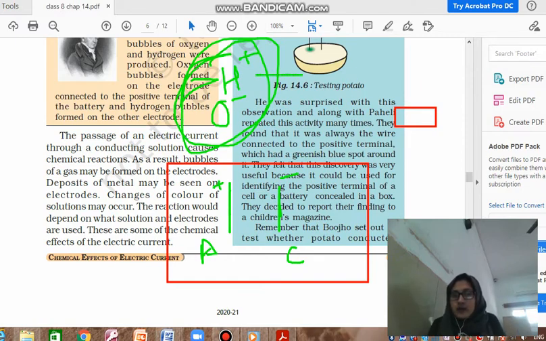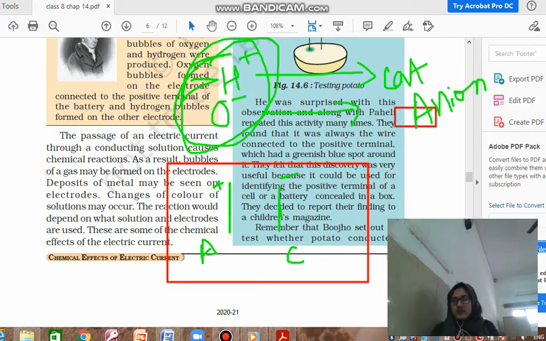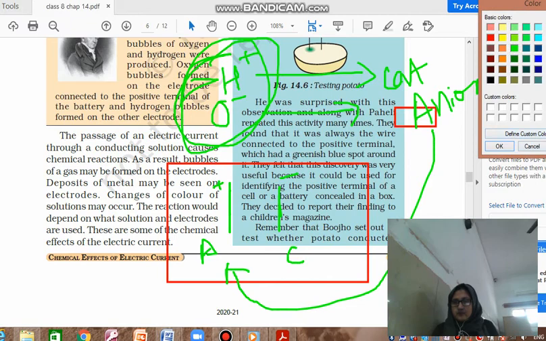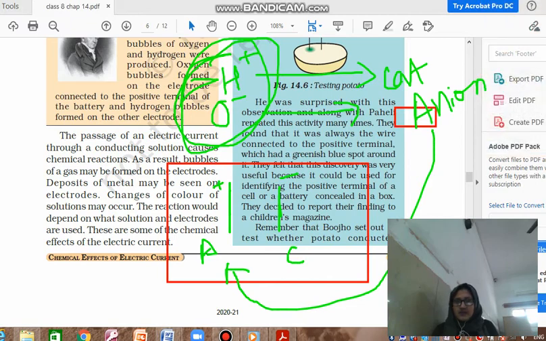Here also there are two things: the one which is positive is known as a cation, and the one which is negative is known as an anion. So what happens? The anions, which are negative, move to the anode, which is positive in nature, and the cations, which are positive, move to the cathode, which is negative.